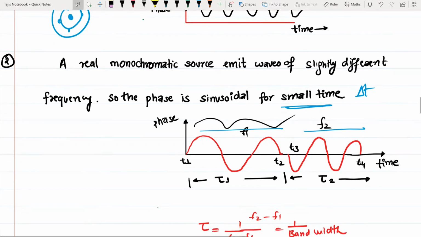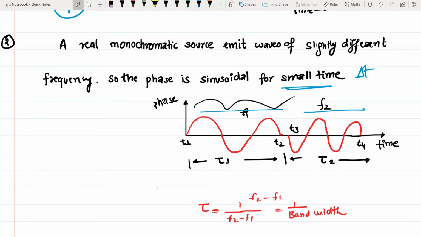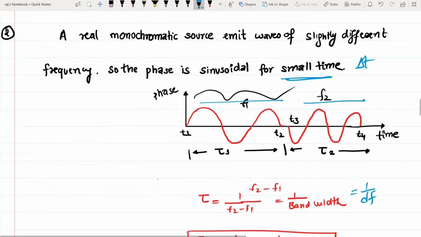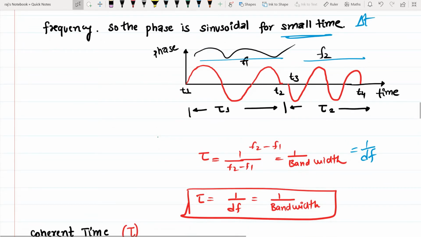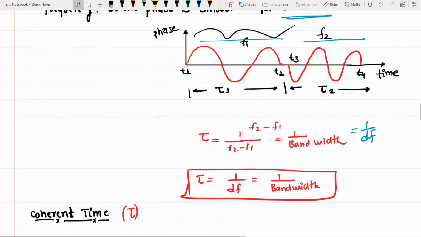So the coherence time is equal to 1 by (f2 minus f1), or 1 by bandwidth, or 1 by df. Coherence time can be defined as 1 by df, which equals 1 by bandwidth.